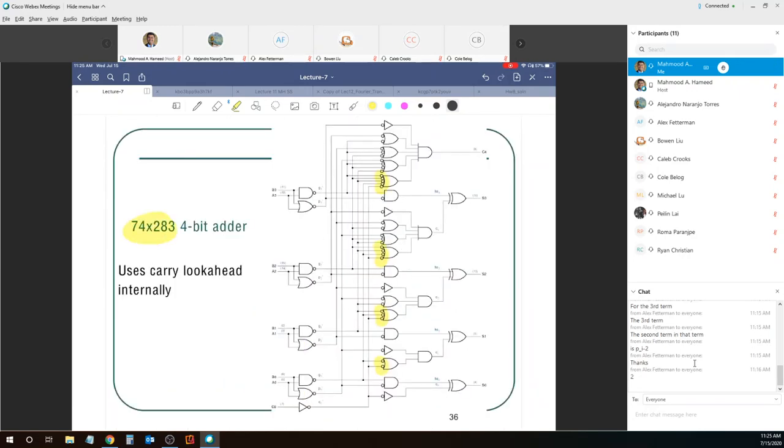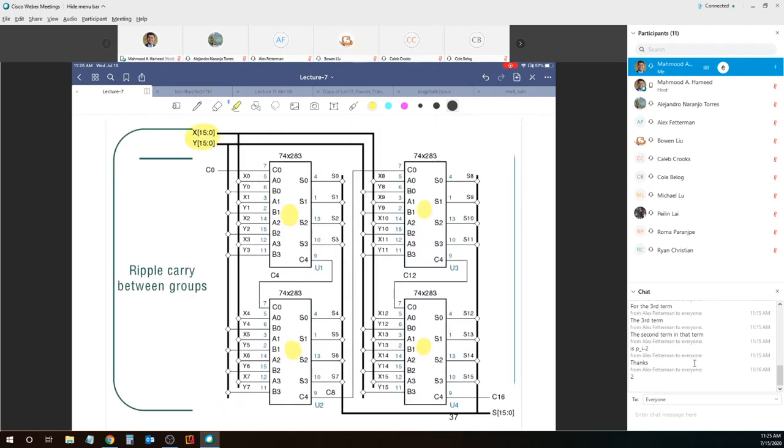It's a 4-bit carry lookahead adder. So by using 4 of those and by daisy chaining the carries, between each stage you are doing a daisy chain for the carry. Right here, this one is daisy chained to this. That's it. This is the final carry.